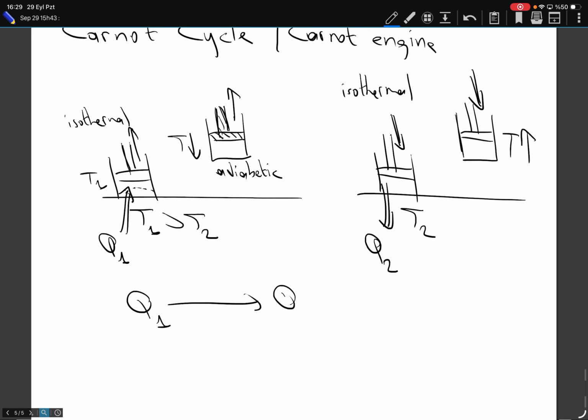Some of it is dumped into the cold reservoir, and the difference is used to do useful work. As we will see, this is the most efficient heat engine that you can devise. It converts heat energy into useful work.